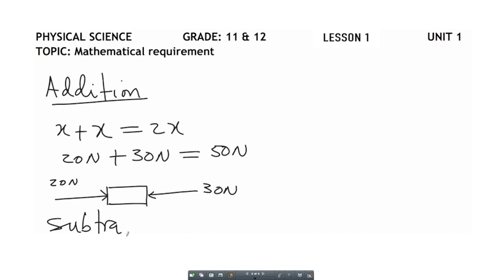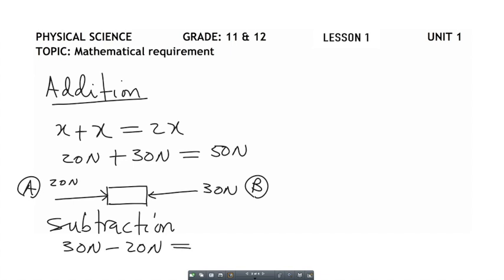Because for subtraction, it means we need to consider the first force, which is A, and the second force, which is B. Therefore, we can say 30 Newton minus 20 Newton.